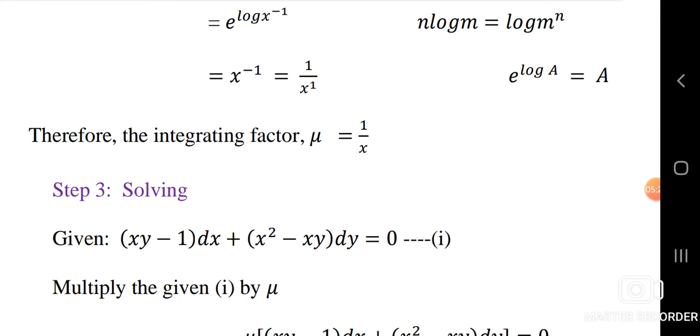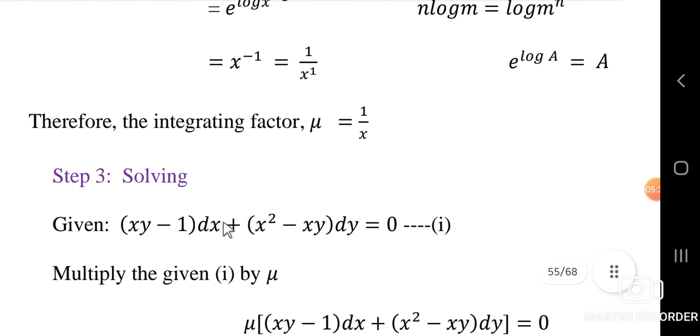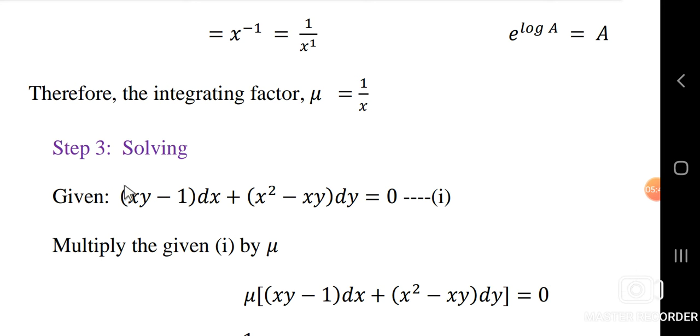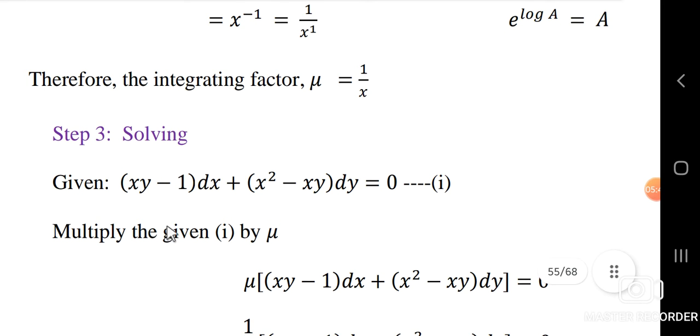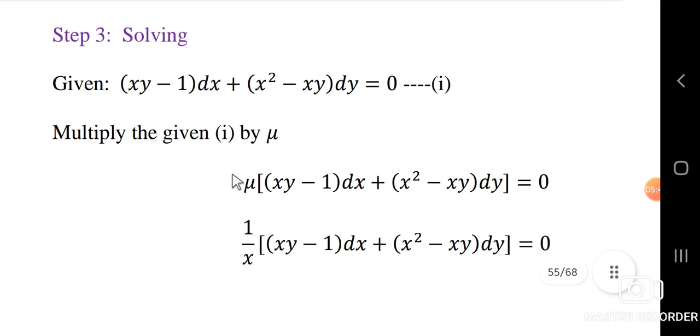Now we are going to make the given equation exact. For that, we have to multiply the obtained integrating factor mu to the given equation in all the terms. So write the given equation fully and write mu here.